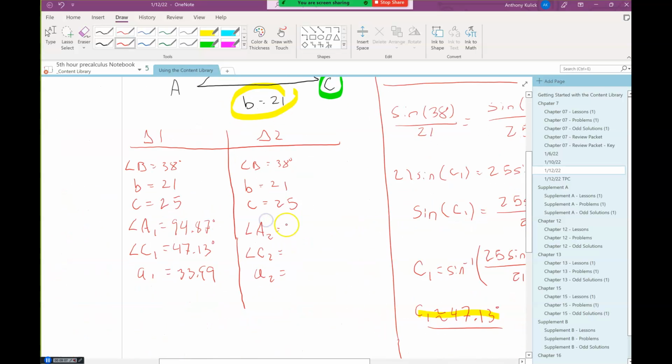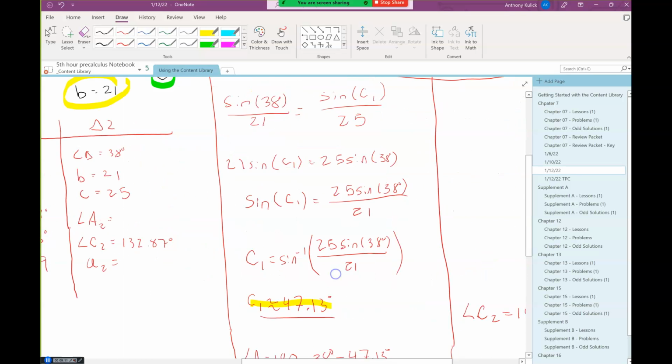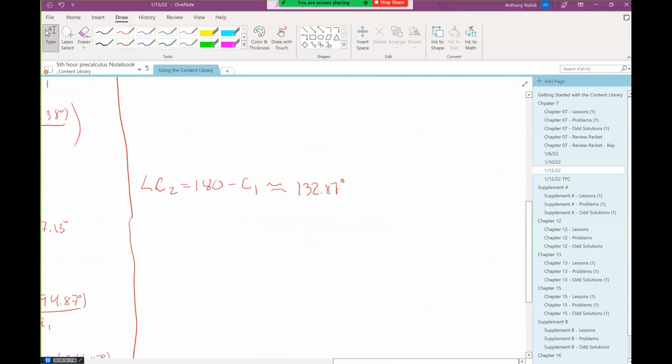So far, so good. Now that I have this, getting angle A2 is really easy because I still have my angle B. And now I have this new angle C2.